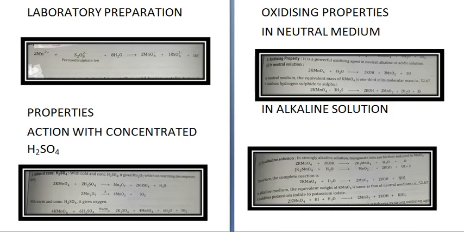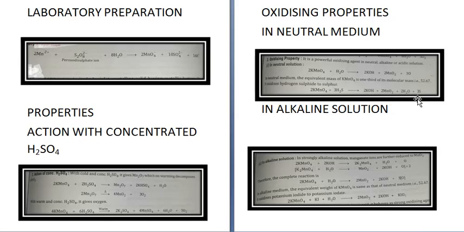The reaction is 2KMnO4 plus H2O gives you 2KOH plus 2MnO2 plus 3O, and it oxidizes hydrogen sulfide.